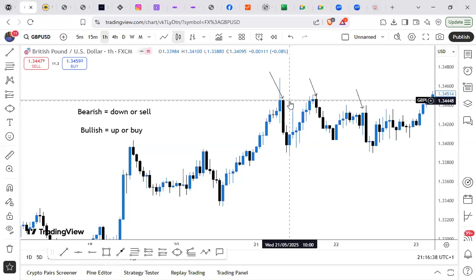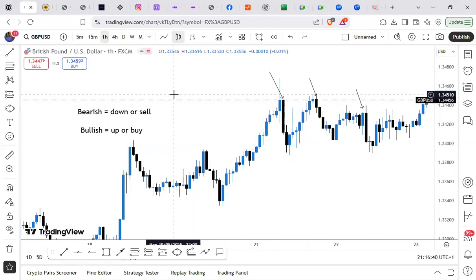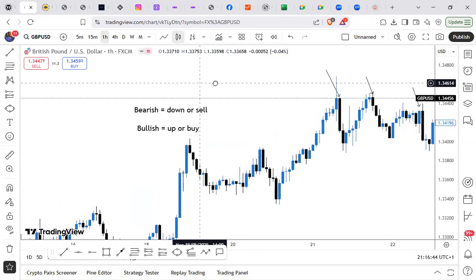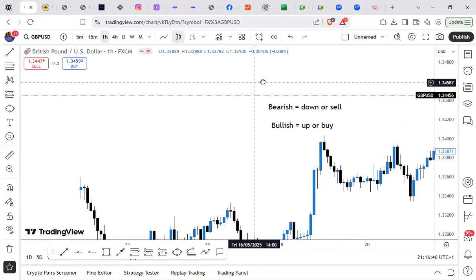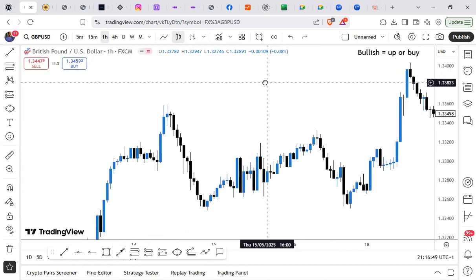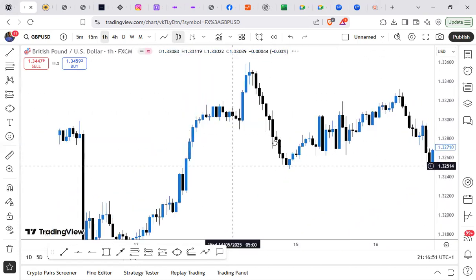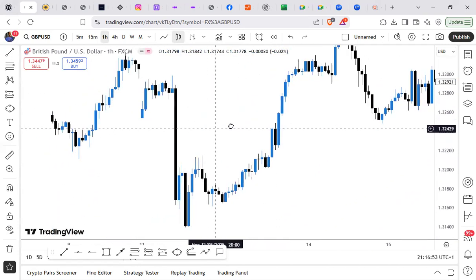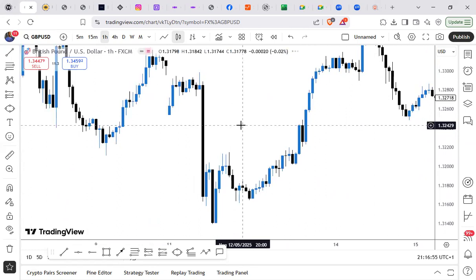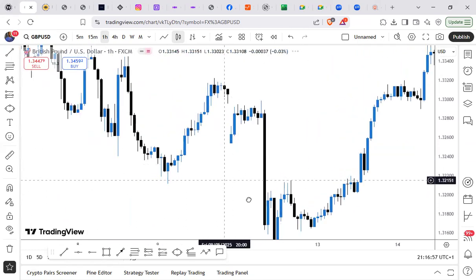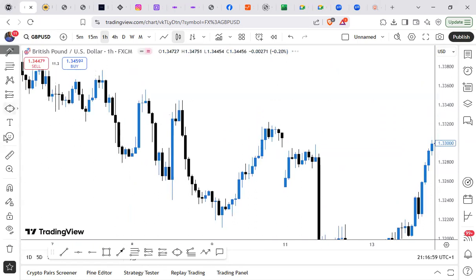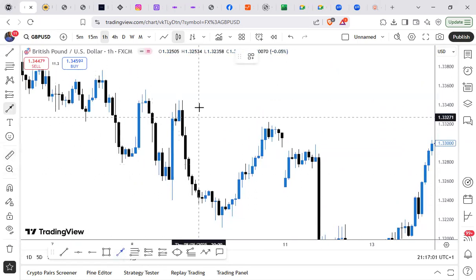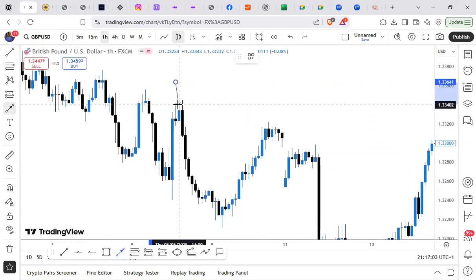It is giving us a sell sign. See another bearish candle here. Bearish engulfing.